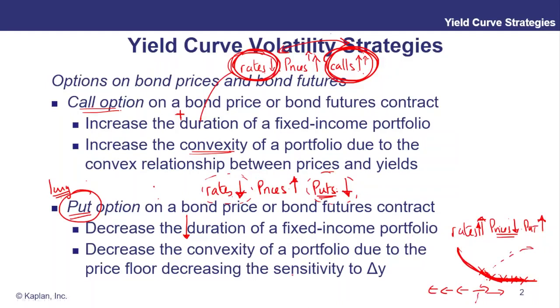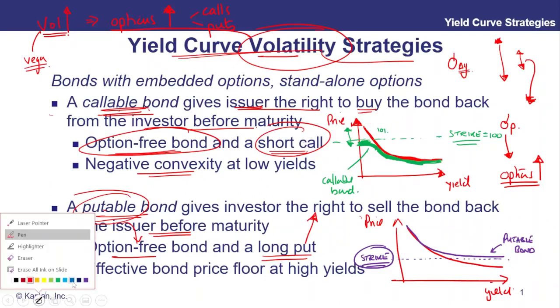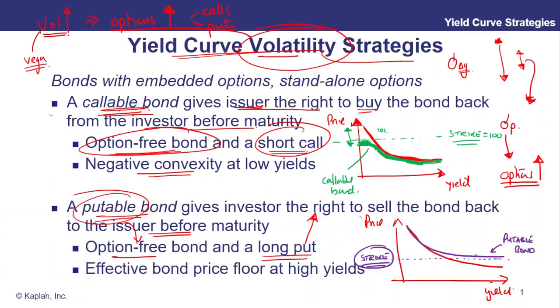Another way to think about this, and the slides come at it from a slightly different angle, which might be easier to see. I don't have to draw this because I've already drawn it. Do you remember we drew a puttable bond here? That puttable bond, which is an option-free bond plus a put, is pretty much a straight line when we get in the money here. A straight line's got zero convexity.